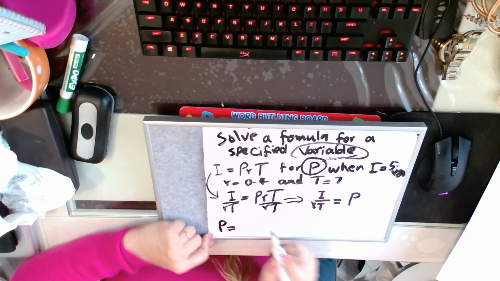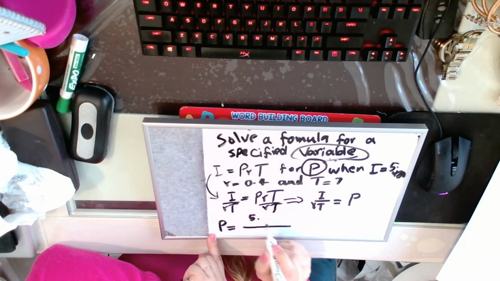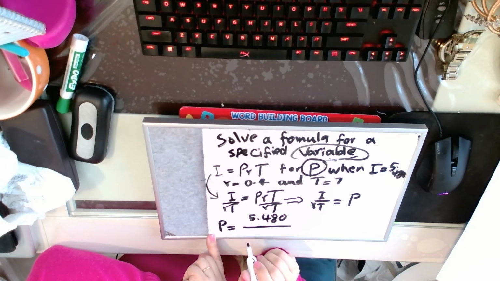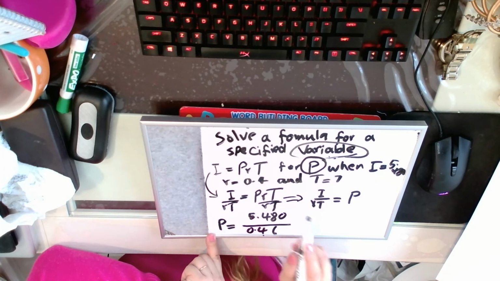Equals, what is I? It's 5,480. What is RT? R is 0.4 and T is 7, I think so.